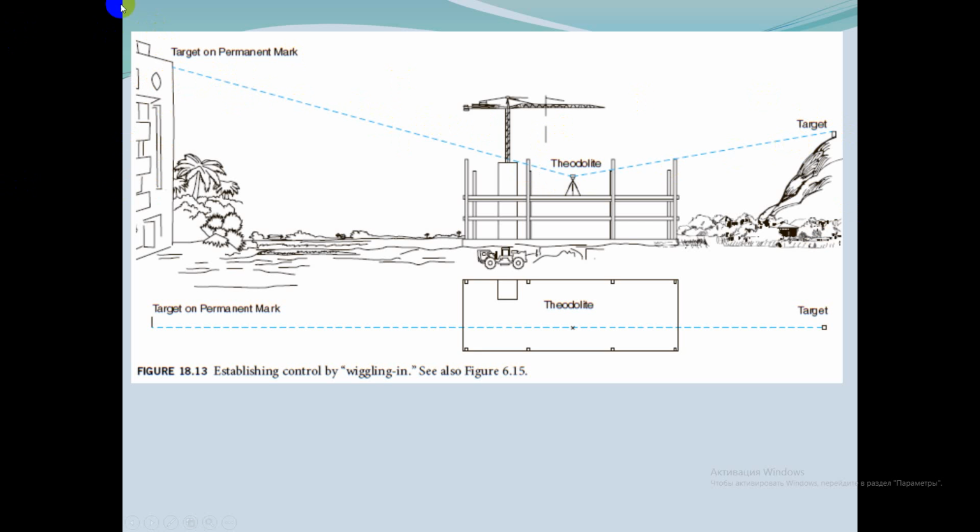This is a target on permanent marks. These permanent targets were originally set from ground control before the project started.